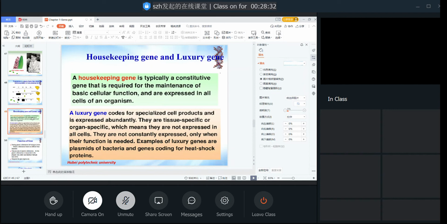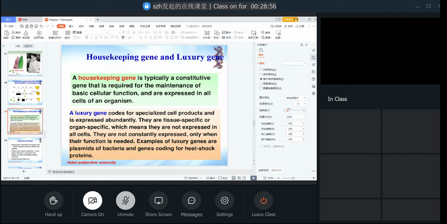For example, histone. In all kinds of cells you can see histone is required; it bonds with the DNA and produces the chromosome. In eukaryotic organisms, histone is a requirement for all kinds of cells.